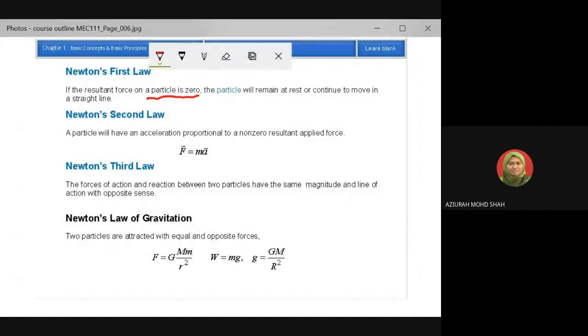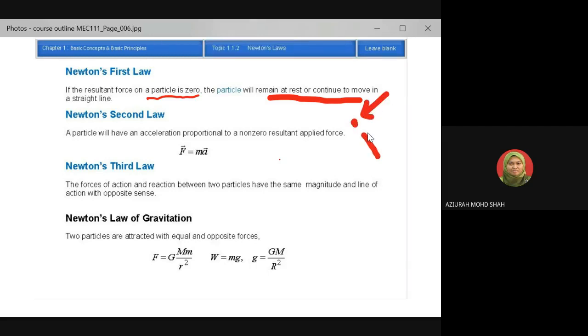The particle will remain at rest or in constant velocity. Okay, so maksudnya kalau ini you punya particle. Tahu kan resultant force apa? Resultant, tahu resultant term. Okay.